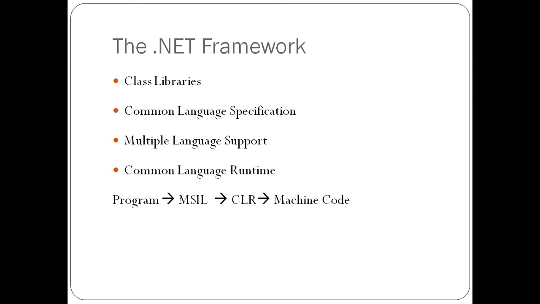In other words, they are reusable code which as a programmer we can include in our software development. These are commonly available libraries which a programmer or designer can include in any program in any language which is available under .NET Framework.